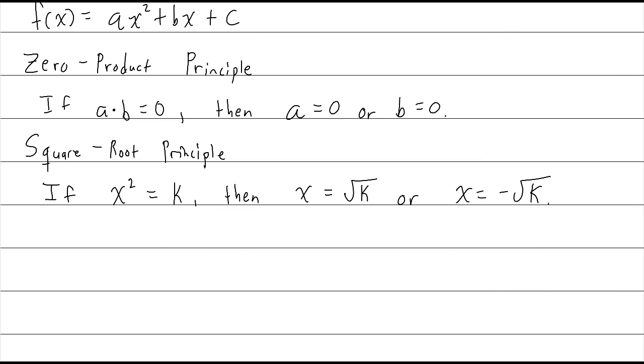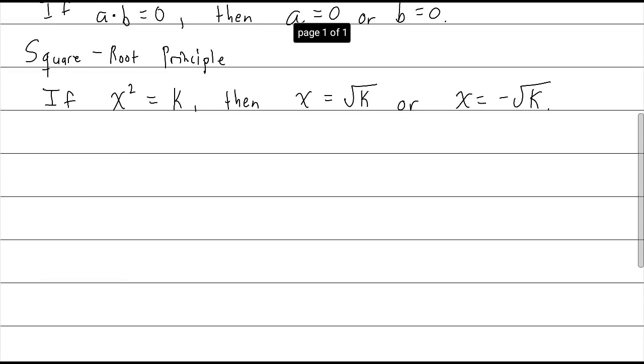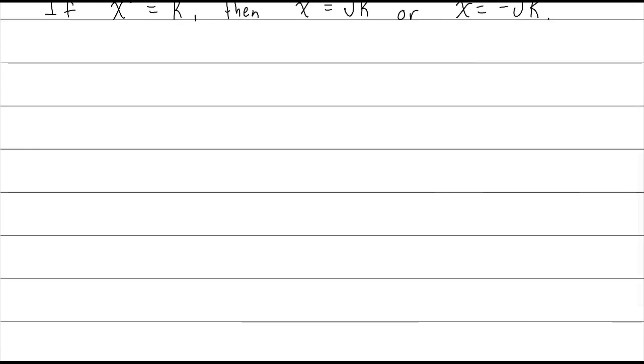Now let's put these to use. Example 1. Let's solve the equation (2x + 3)(5x - 2) = 0.